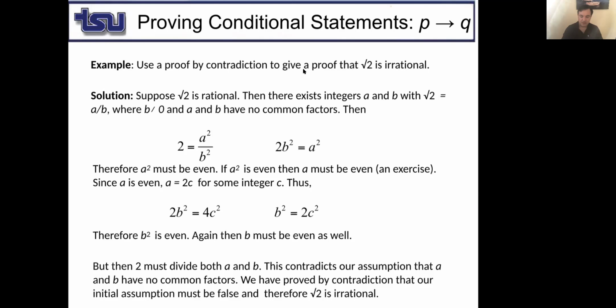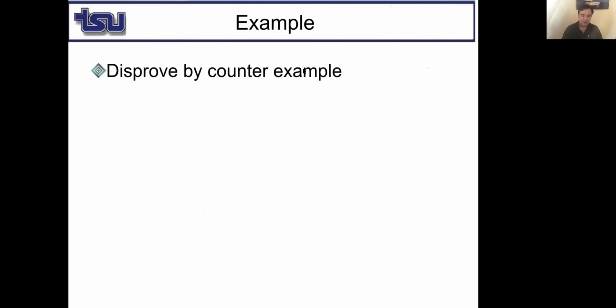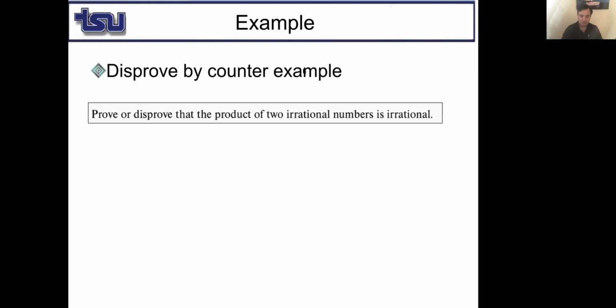Here, this also explains the same thing. Sometimes you can disprove a statement by using a counterexample. As long as you can come up with an example which contradicts the statement, then you can disprove that statement. For example, prove or disprove that the product of two irrational numbers is irrational.